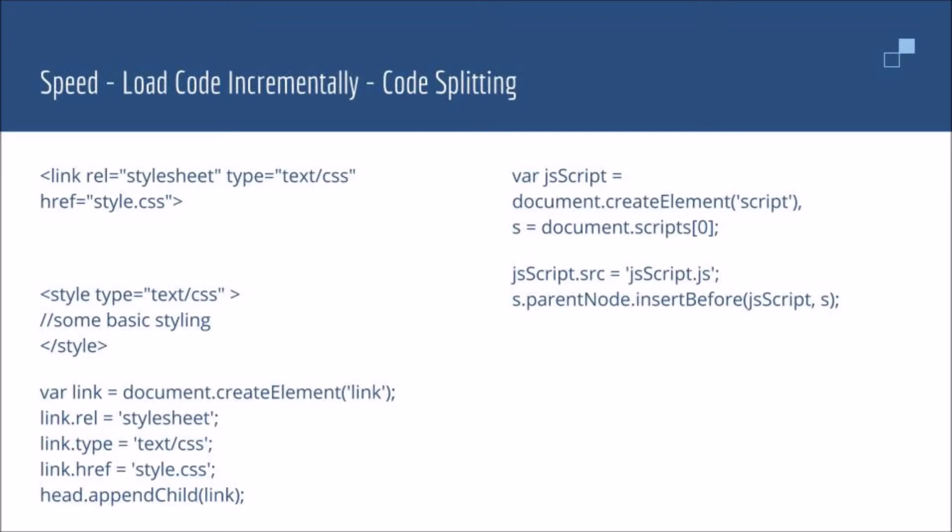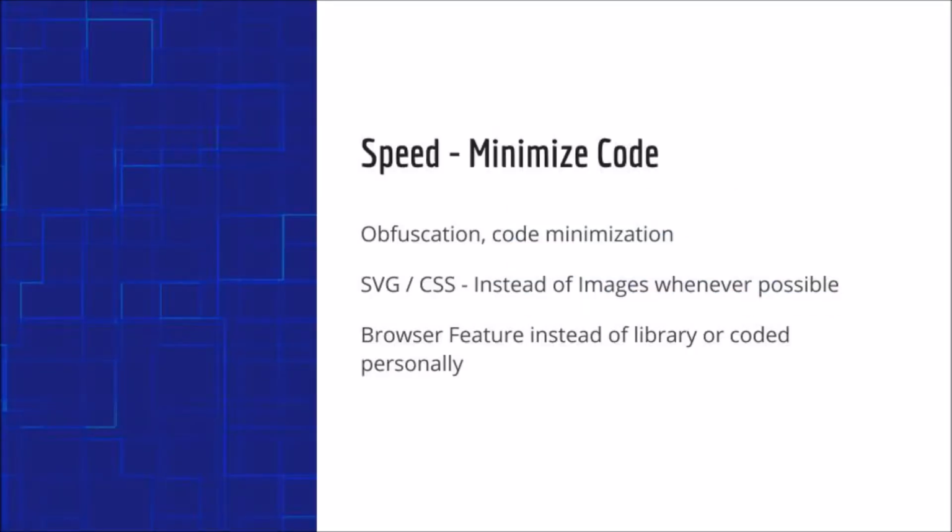Minimize image size. Use SVG and CSS features like repeat for stripes, covers, transformations, and animations, and joint images that are later grabbed with the CSS background image property.